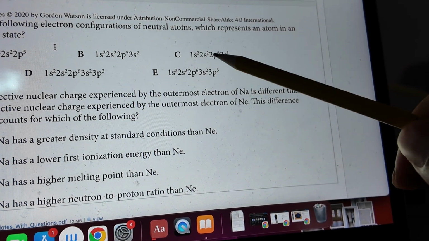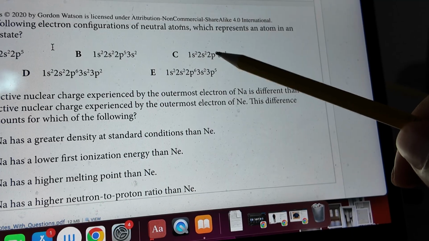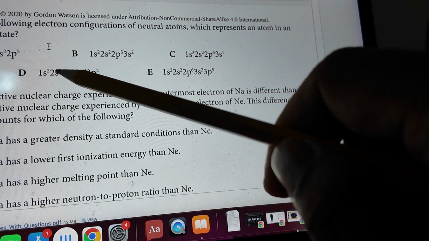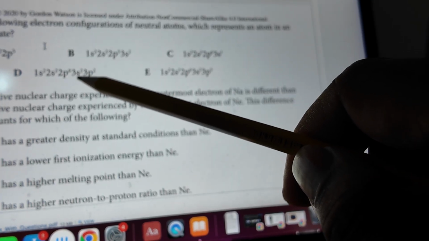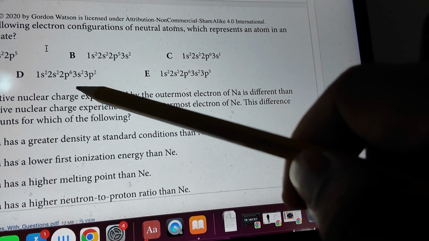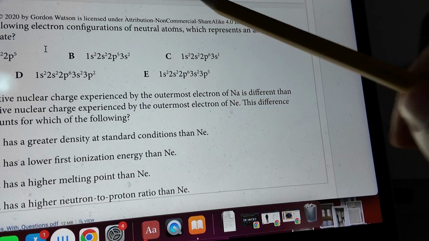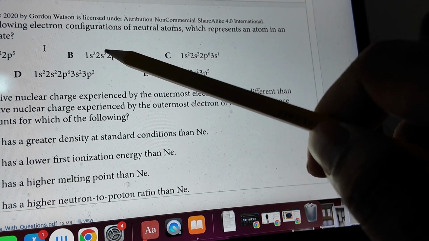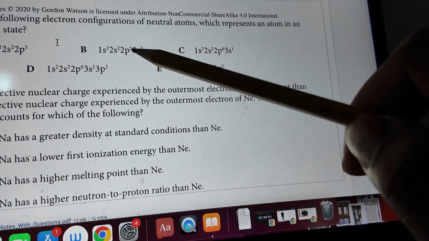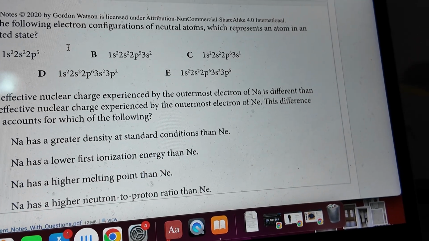And so even the rest of these, 1s2, 2s2, 2p6, that's normal. 1s2, 2s2, 2p6, 3s is normal. 3s2 is normal. 1s2, 2s2, 2p6, 3s2. These are all normal besides B. And so B is the one that has an electron in an excited state.